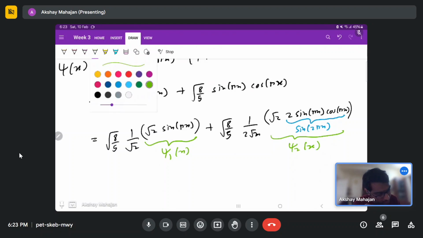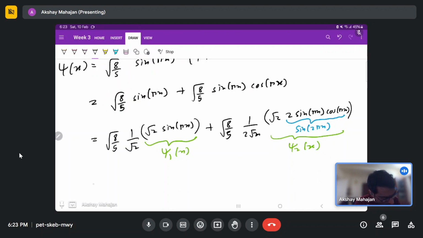So we can write psi of x as under root 4 by 5 psi 1 of x plus, with the 2 by root 2 cancelling out, under root of 1 by 5 psi 2 of x.